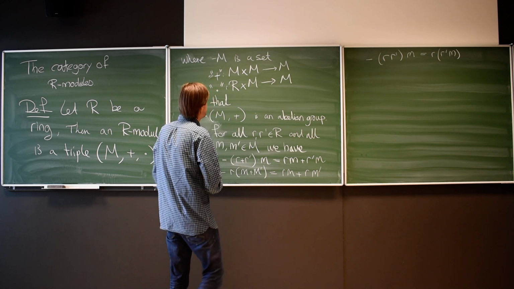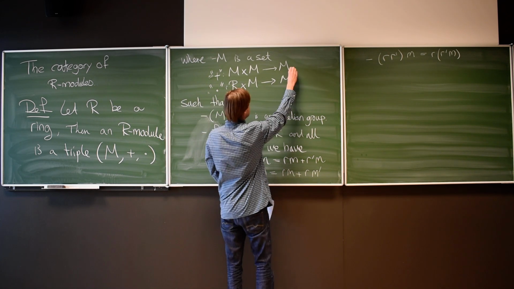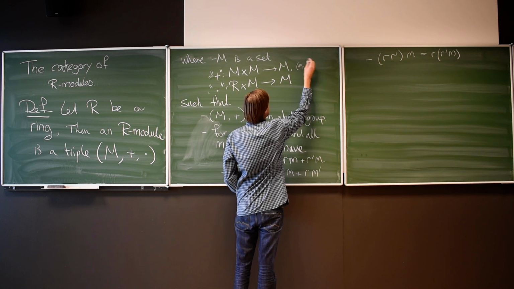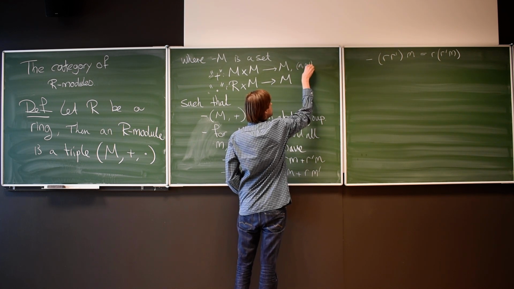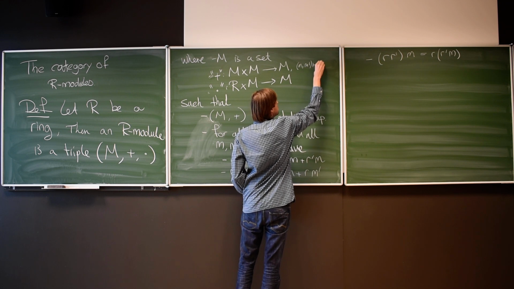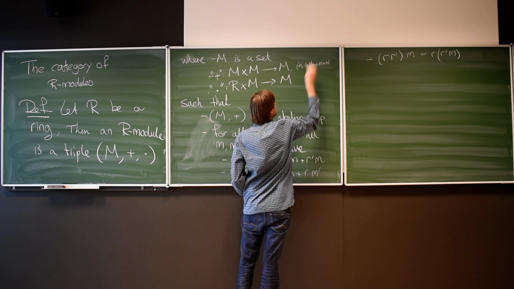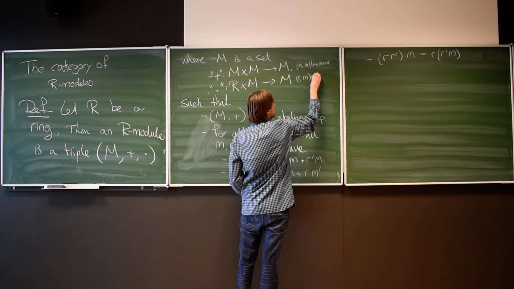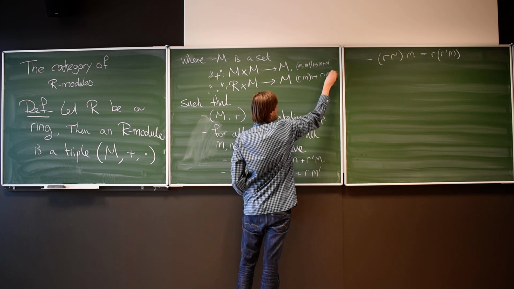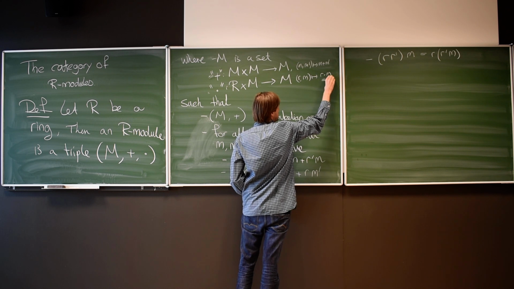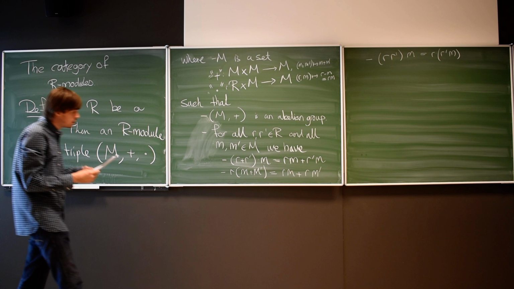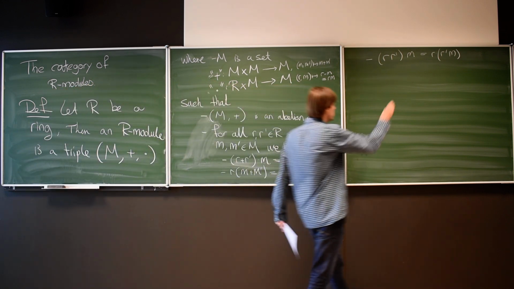Okay, so maybe I should have written here that these maps shall be denoted plus and r dot m, but as usual I often leave out the dot and just write r times m. Okay, so this is the definition.